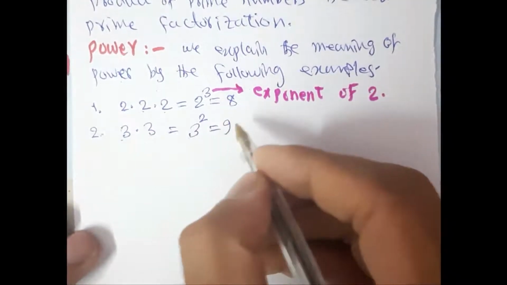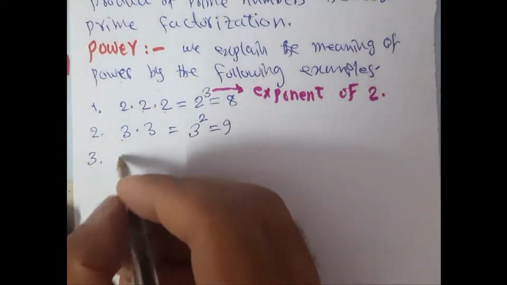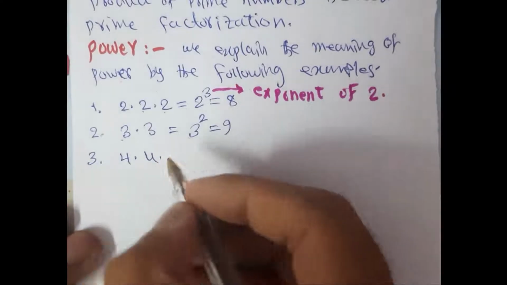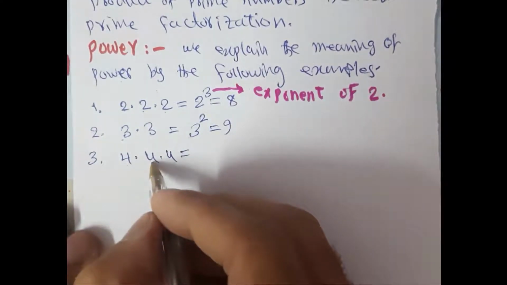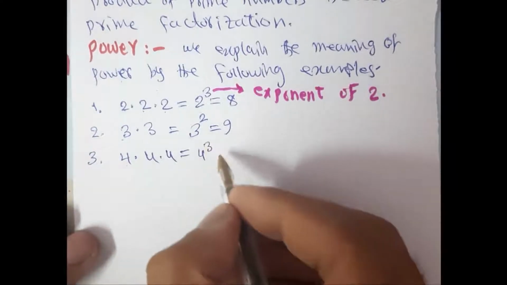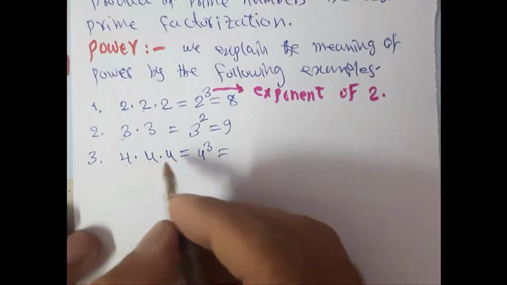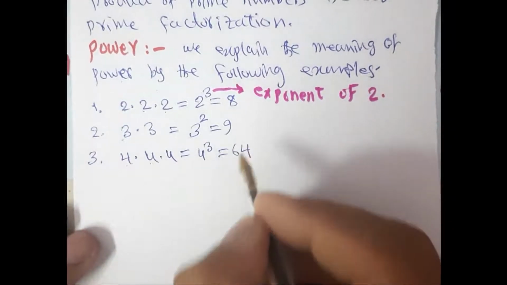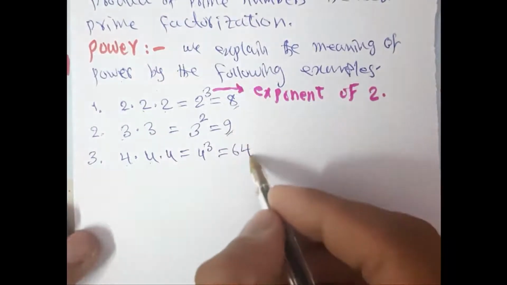It is equal to 9. Number 3: 4 into 4 into 4, 3 times. 4 into 4 is 16, and 16 into 4 is 64. It is the result of the power.